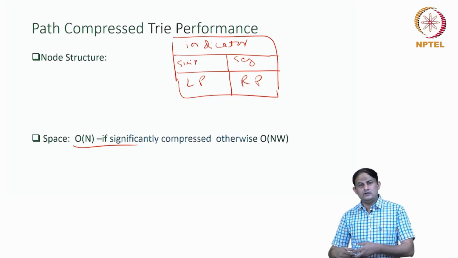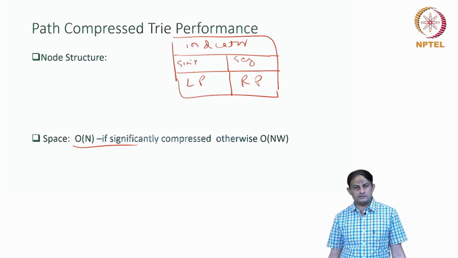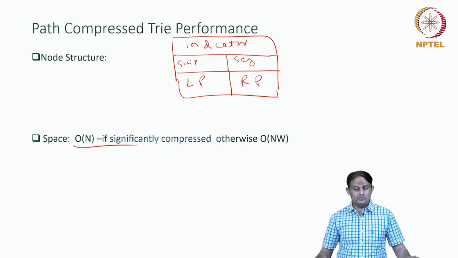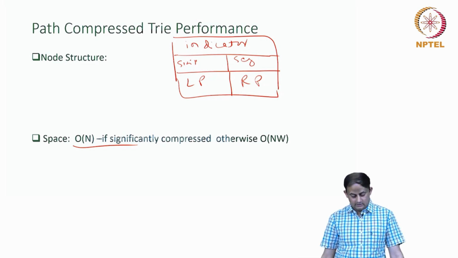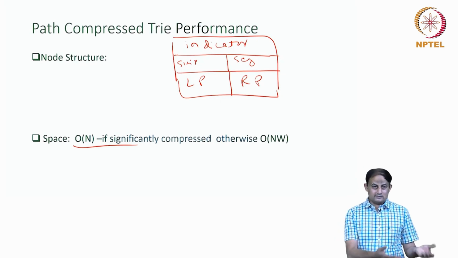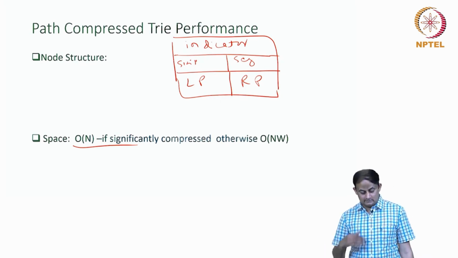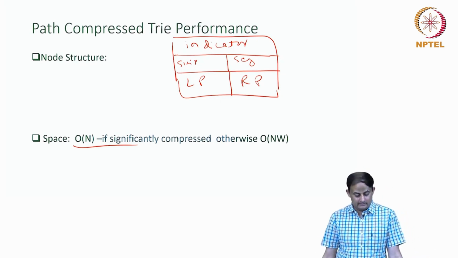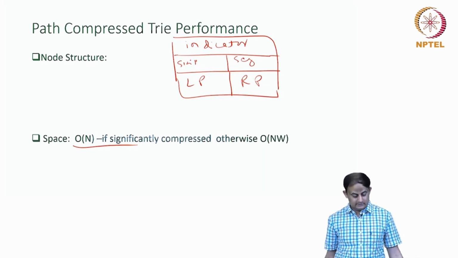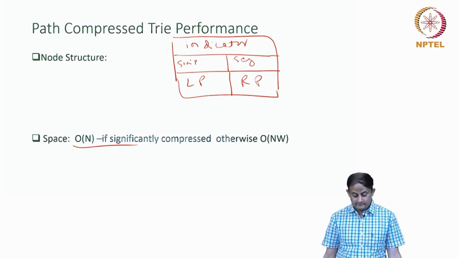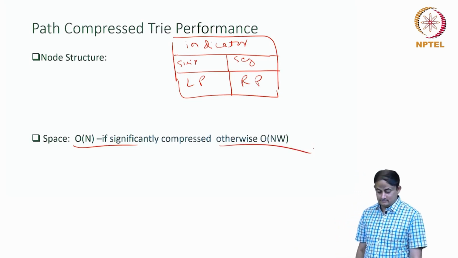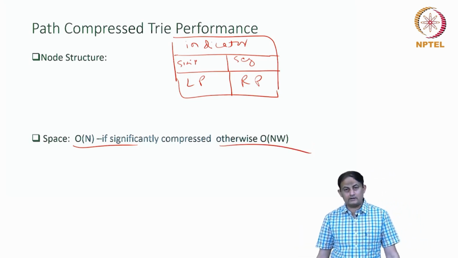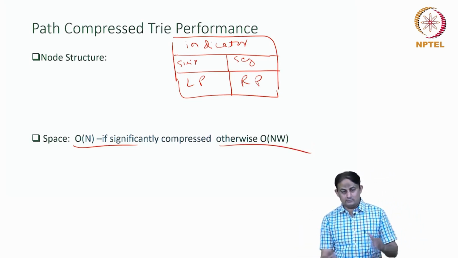If your routing table is very sparse, with very few entries, it is possible to have such a structure. Theoretically, although this is not exact, you will have order of n space, and otherwise in the worst case you will fall back to order of n cross w. So that is the binary trie.